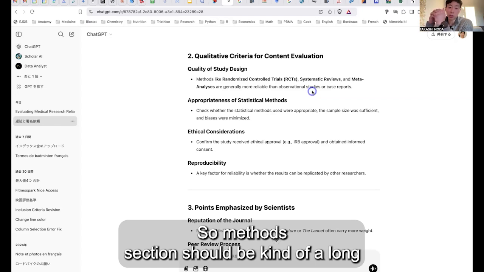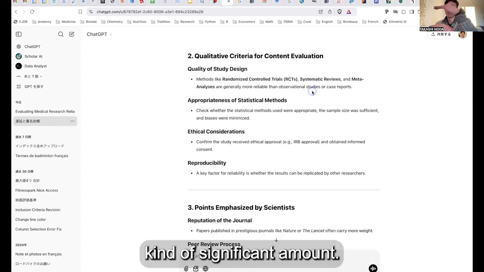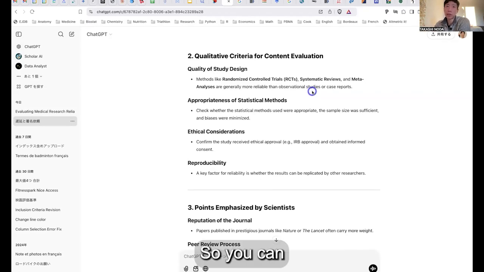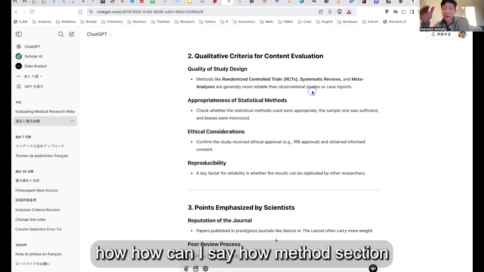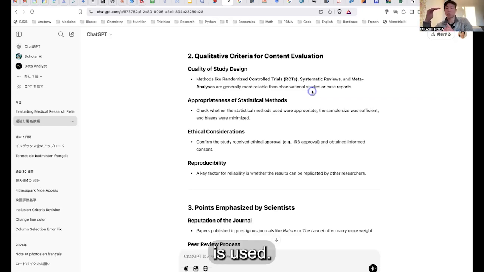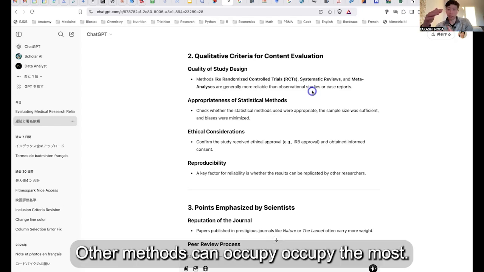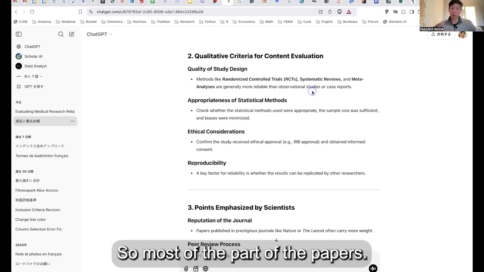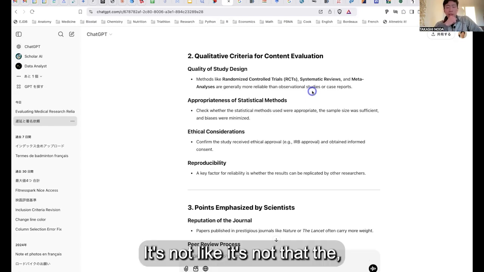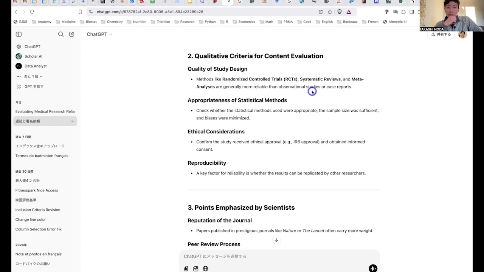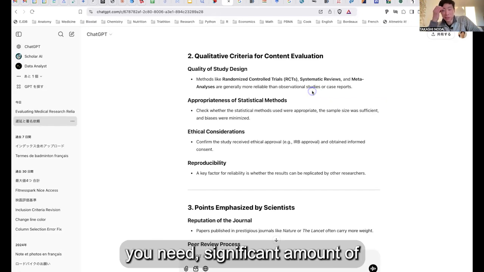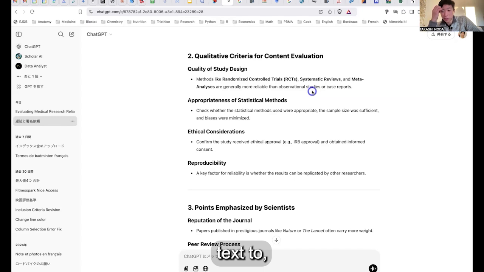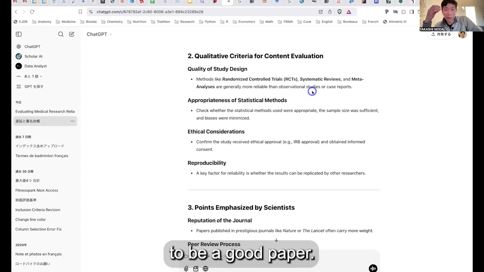So the method section should be of a significant length. If you look at a paper, you can judge how much of it the method section occupies. It's not that a longer method section is always better, but you need a significant amount of text to be a good paper.